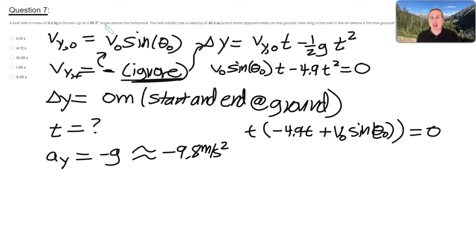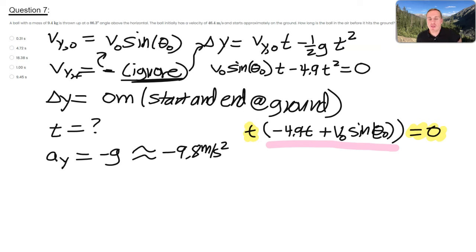Now notice we have two separate times. This first time here is at the start of the motion. That is when time is exactly equal to 0. But we're not interested in that time. We are interested in this time because this is the time later that it reaches the ground.